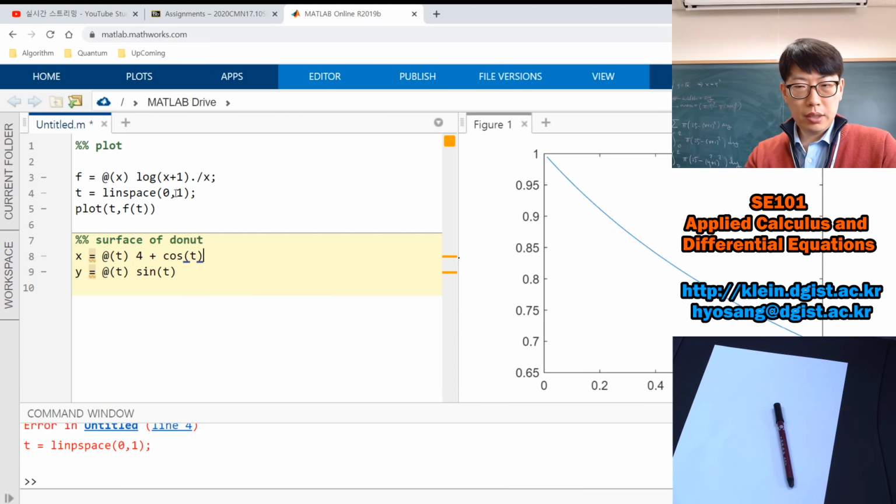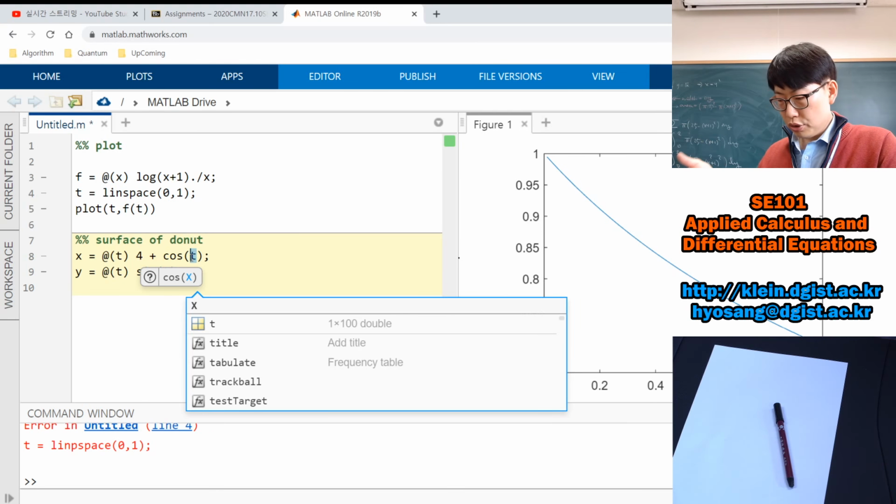And then what you need is another function which measures the degree of rotation of this point on the circle. This t measures the position of a point inside the circle, and I need another variable to determine the angle of rotation.